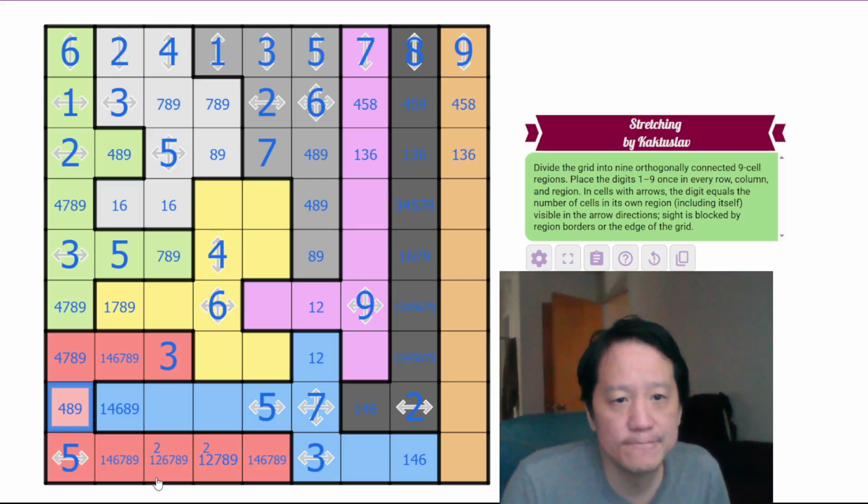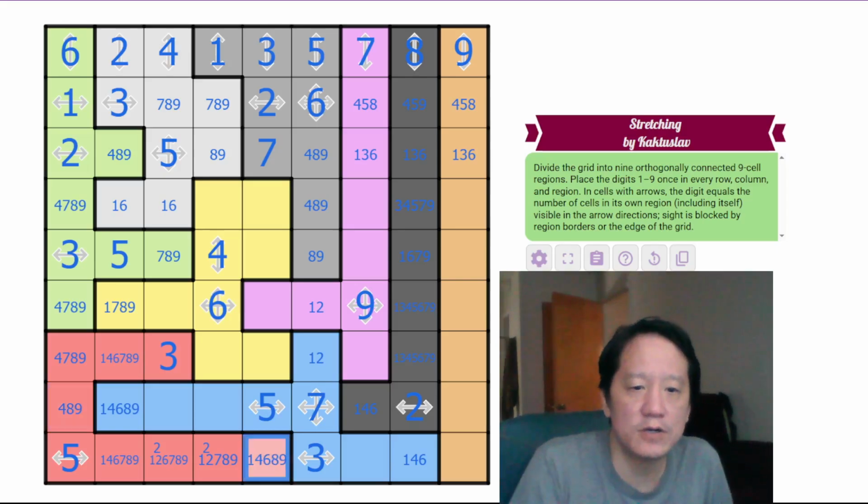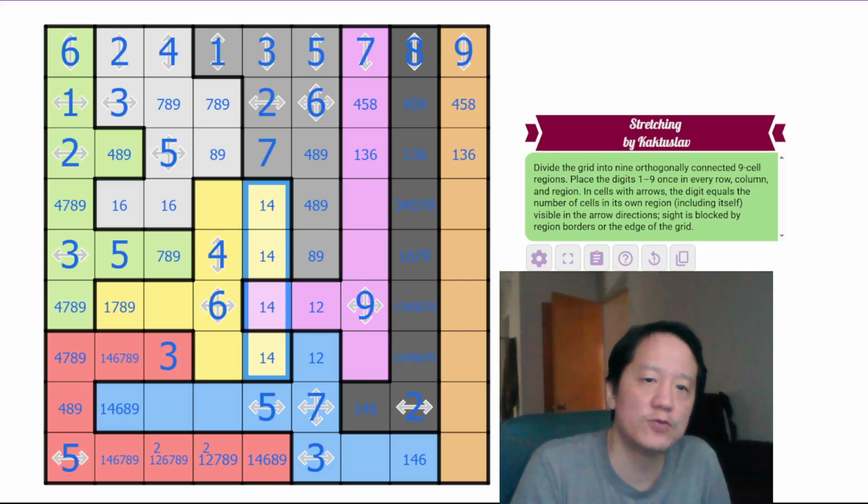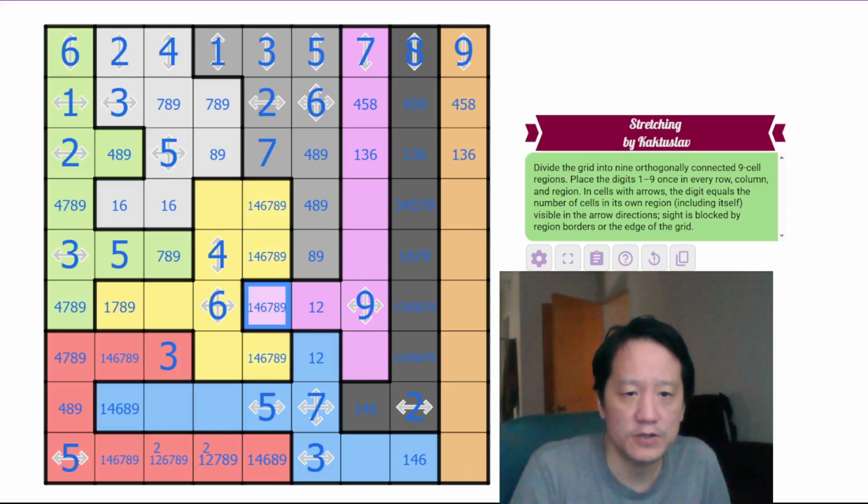Okay. No 7 here. Remaining digits in column 5 are 1, 4, 6, 7, 8, 9. No 4 or 6 here. No 4 or 6 here. No 4 or 6 here because of 6 in the yellow region. This eliminates 6 here because of 6 in the row.